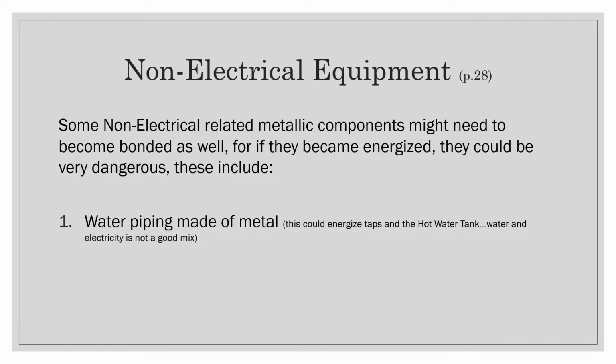But if you imagine metallic piping in an older house, or in a commercial building, if a live wire touched it somehow, and it wasn't connected to ground, then all of a sudden that metal water piping would become energized, and that metal piping could be connected to your taps at the sinks or your hot water tank. And if you can imagine going to wash your hands and touching the tap, getting a 120 volt shock there, that could be catastrophic.